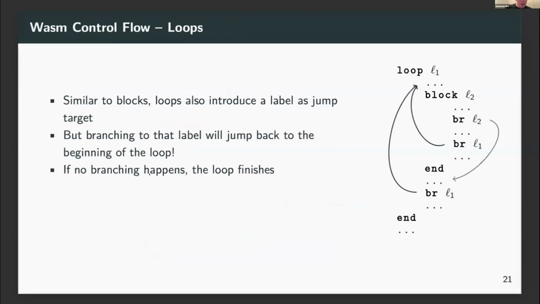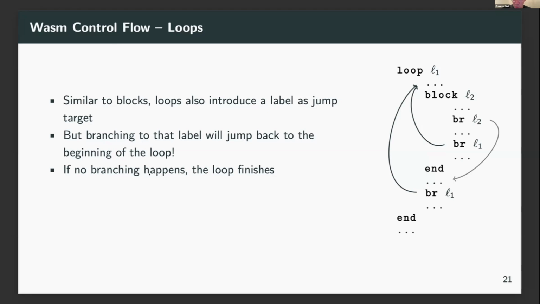Okay. Then next, let's look at loops. Similar to blocks, loops also introduce a label as a jump target. But different from blocks, jumping to a loop will go back to the beginning of the loop instead of going to the instruction right after the loop. Okay.